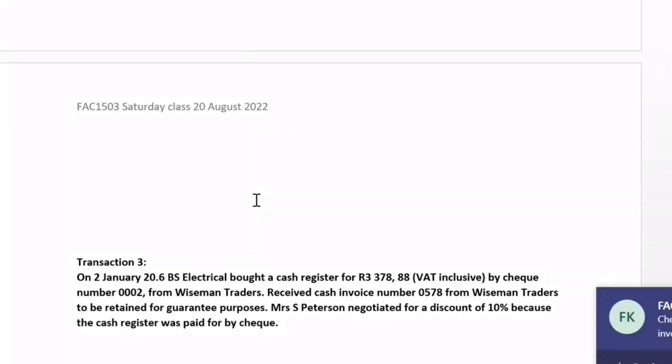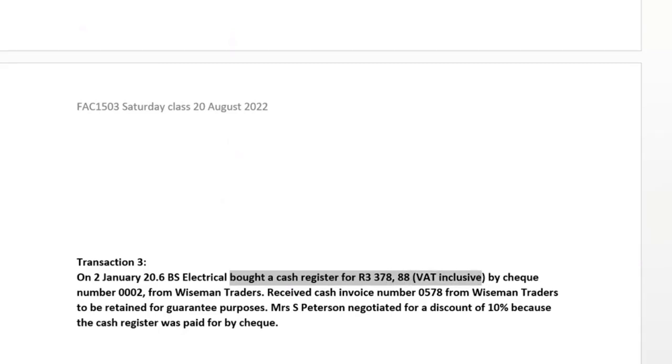What are the source documents for transaction number 3? Okay, Faith is saying check counterfoil and original invoice. So first of all, what is the evidence that BS Electrical has bought a cash register, and paid by check? What is that evidence?